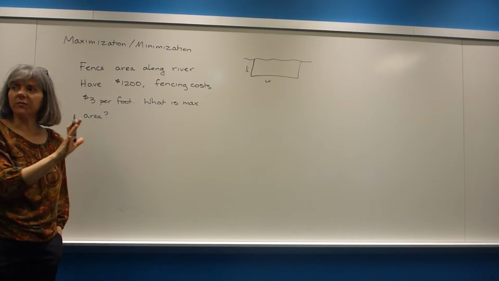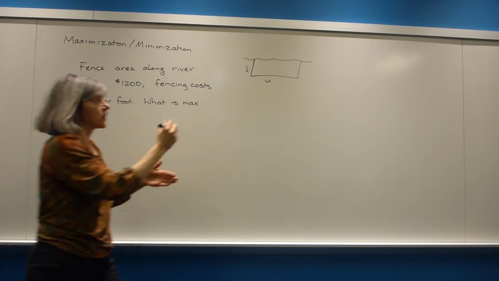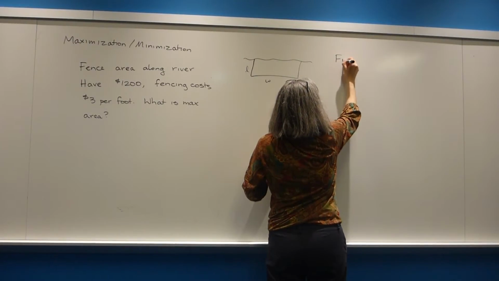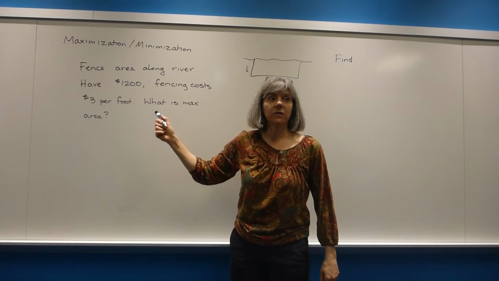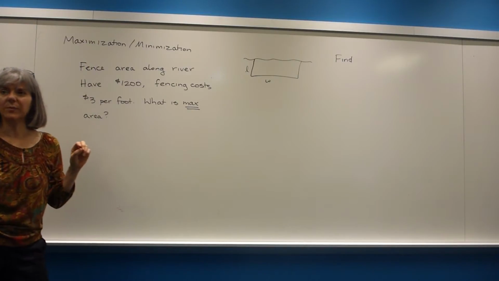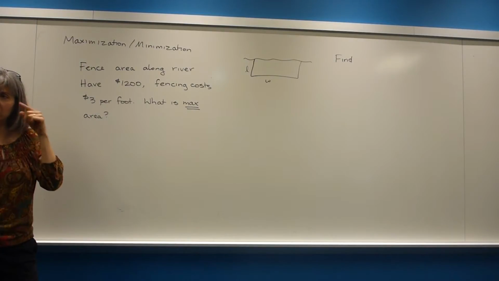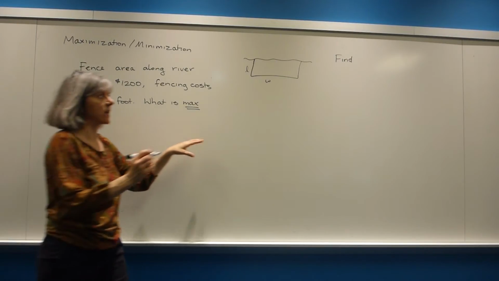Okay, so once you have a rough picture, now let's lay out what you're trying to find, what you know, and how they go together. So what are we trying to find? Area. Not just area, but maximum area. So when you start seeing this word, maximum or minimum or optimized, that tells you, again, that you're going to be doing a derivative. It's important to figure out which piece you're trying to maximize and keep that separate.